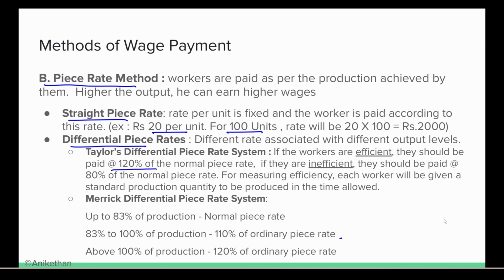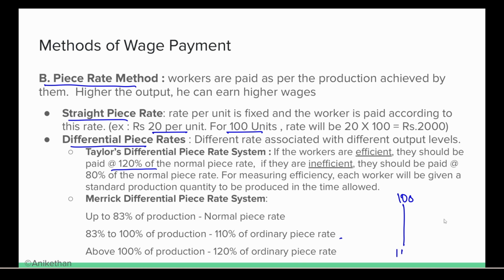Next, we have Merrick's differential piece rate system. It is similar to Taylor's, but there is a slight difference in the percentages. Let's say they make the standard 100 pieces. If it is 100, then he is efficient, so he'll be paid at 110% of the ordinary piece rate.